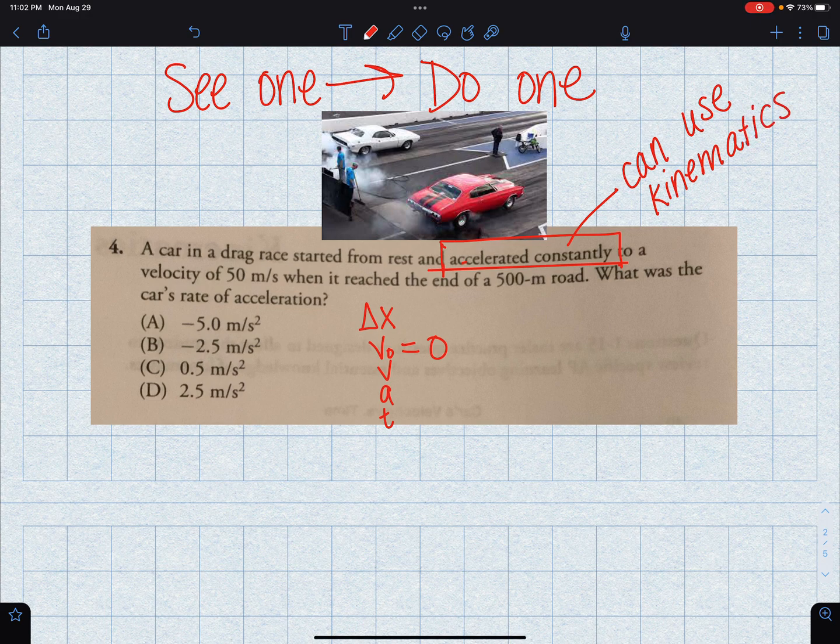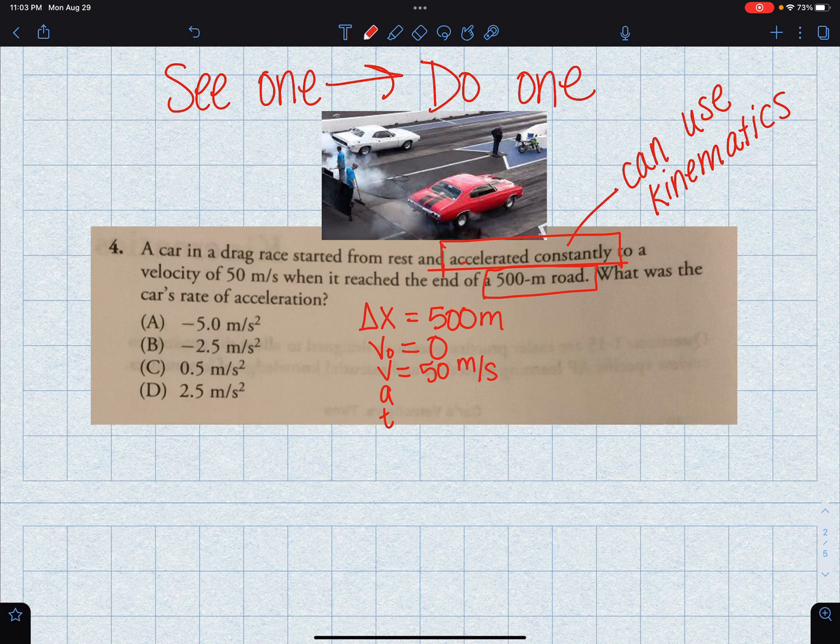So it's kind of giving us a hint that we're on the right track. It accelerated constantly to a velocity of 50 meters per second. Ooh, that sounds like it's going to be the final velocity. So I'm going to put v here, 50 meters per second, when it reached the end of a 500-meter road. So that's telling us the distance, 500 meters.